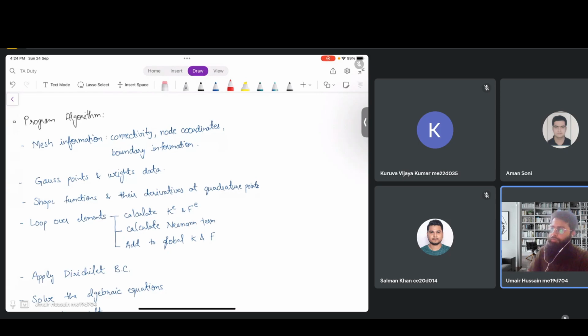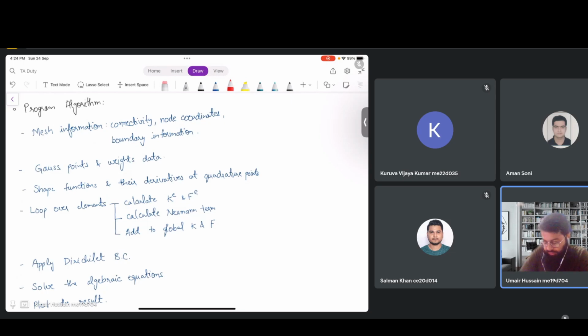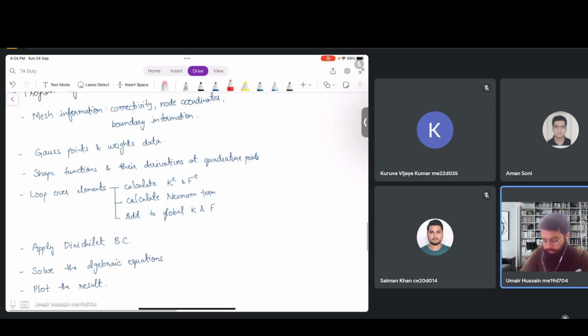When we are applying the Gauss quadrature rule, we'll have to calculate the values and the derivative of the shape functions at the quadrature points. So we should have some function which will give us that. Then our main processing part comes when we have this loop over each element.